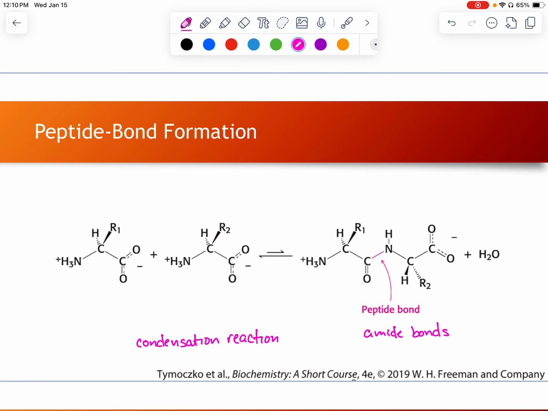As two amino acids come together, the carboxyl end of one reacts with the amino end of another, and we're going to see a water get spit off. So it'll grab one of the oxygens from the carboxyl group and a couple of the hydrogens from the amino group. And then we are left with this new bond over here between the two.